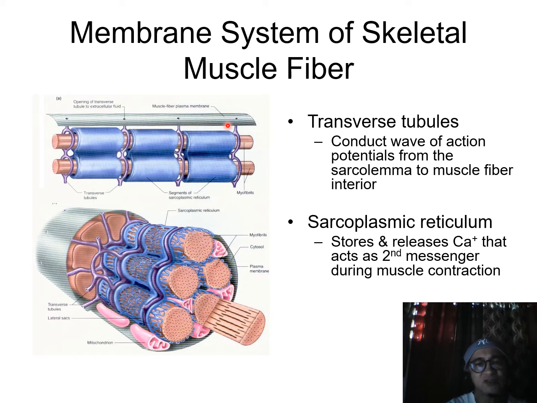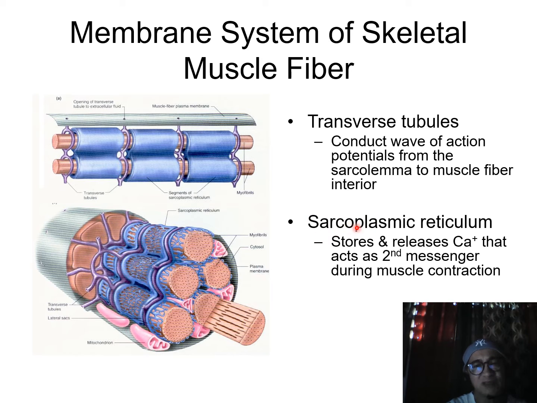Now, alongside each of these transverse tubules is a network of sleeves of tubular networks that stores calcium. This network of tubules that forms a sleeve around each of the myofibrils that flank the transverse tubules is called the sarcoplasmic reticulum.